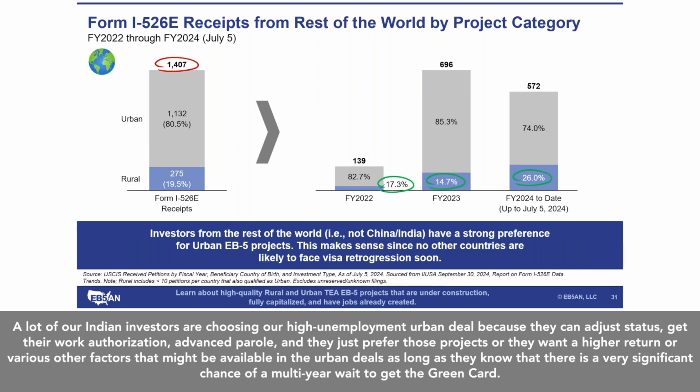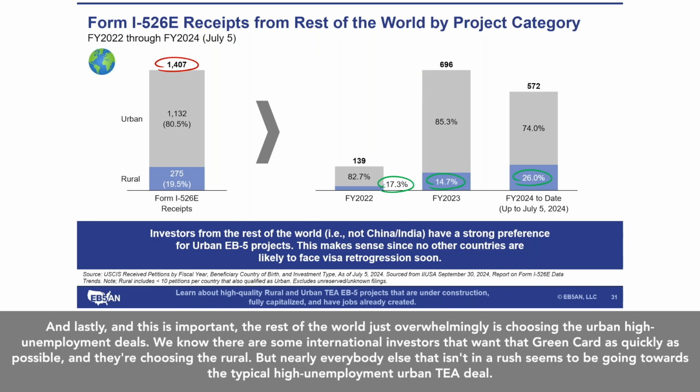And that's as long as they know that there is a very significant chance of a multi-year wait to get the green card. And lastly, and this is important, the rest of the world just overwhelmingly is choosing the urban high unemployment deals. We know there are some international investors that want that green card as quickly as possible, and they're choosing the rural, but nearly everybody else that isn't in a rush seems to be going towards the typical high unemployment urban TEA deal.